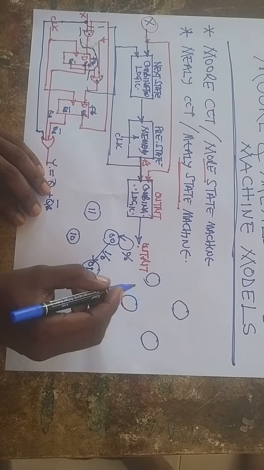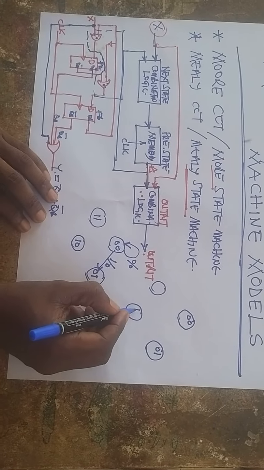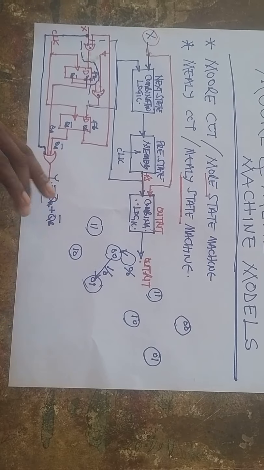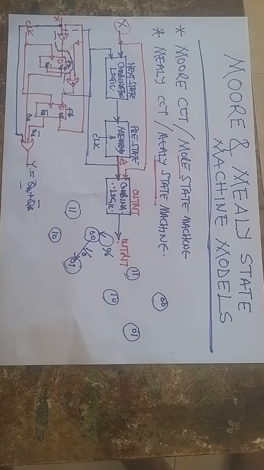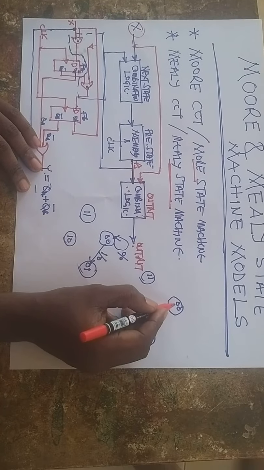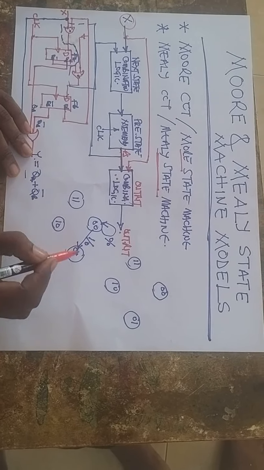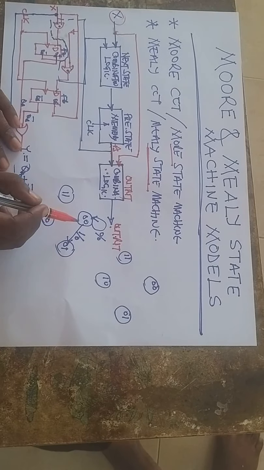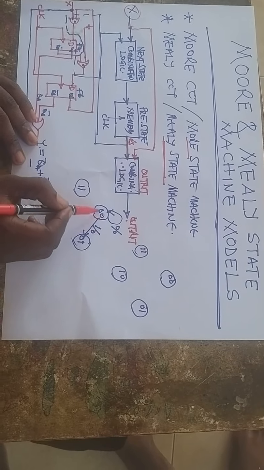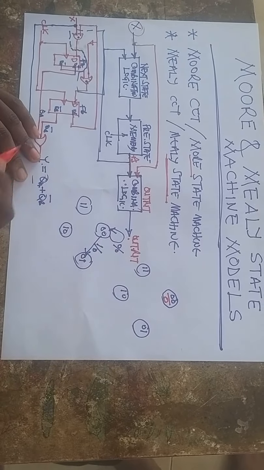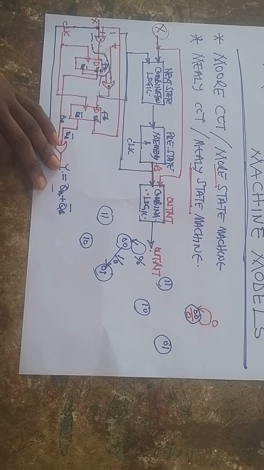However, with the Moore concept, this is how you represent it. Moore has the states 00, 01, 10 and 11. This is how Moore represents his state diagram. Now you have the state in the circle, and the output will also be in the circle. So for example here, the state is 0 and the output is 0, and on the transition I'll only show the input.